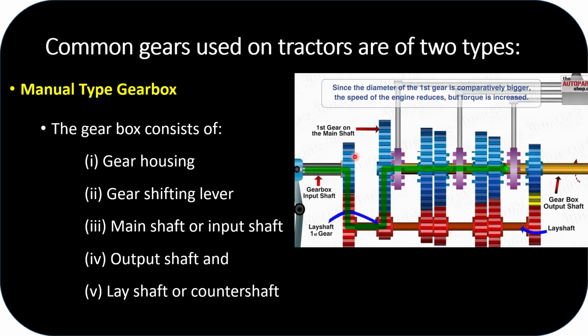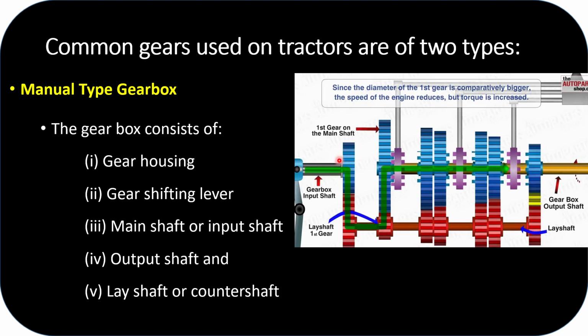For selecting the first gear or first speed, we select the biggest gear on the output shaft, so that when the gears on the lay shaft rotate three or four times, this gear will rotate at most one time. That is, the speed is reduced from this shaft to that shaft.